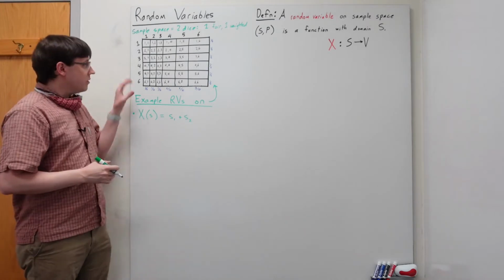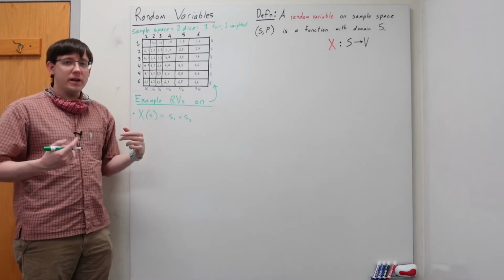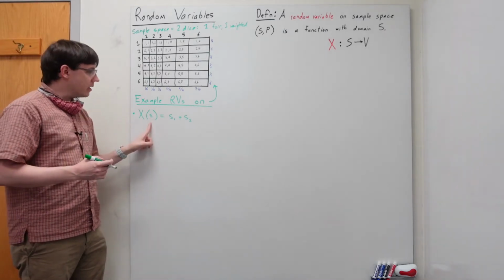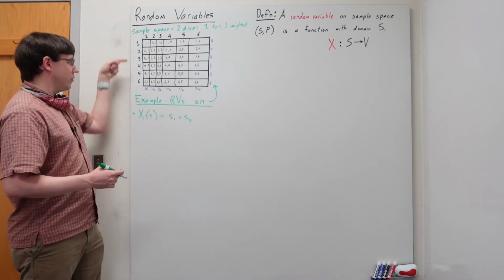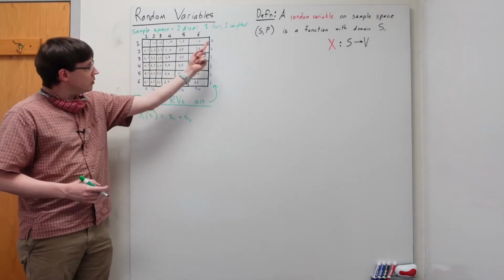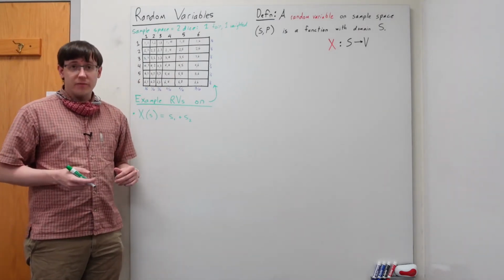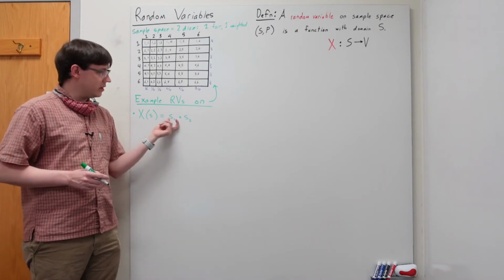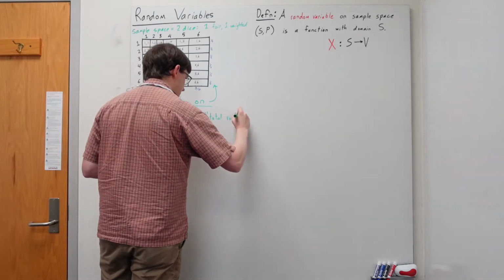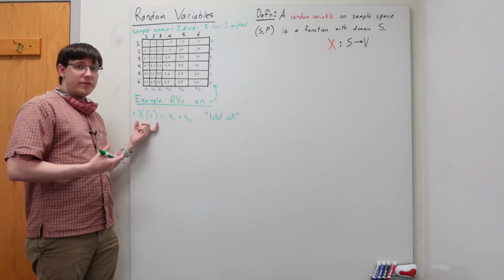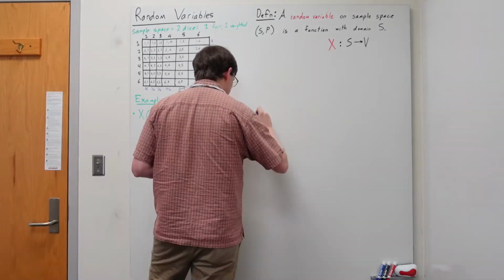If our sample space is these pairs of die rolls, then each outcome, S, consists of S1, which is the roll of the first die, and S2, which is the roll of the second die. And so a very natural random variable when rolling 2 dice is the sum of the values on the 2 dice. So here, the random variable can take on values from 2 through 12.